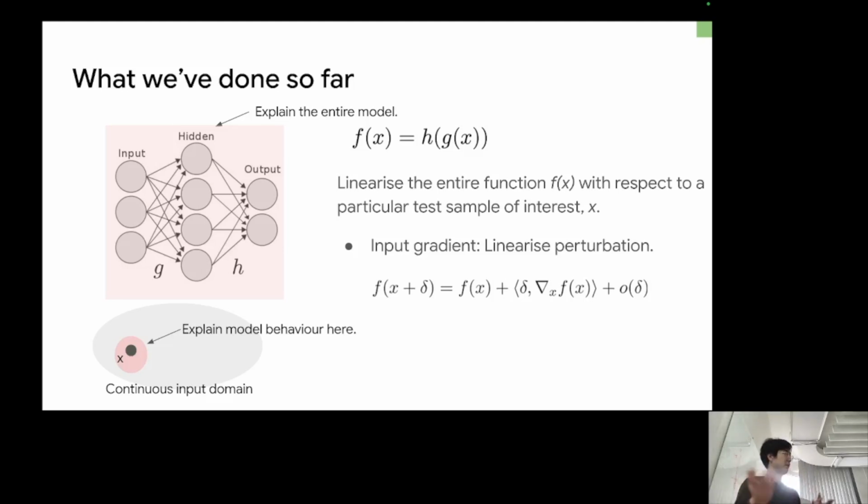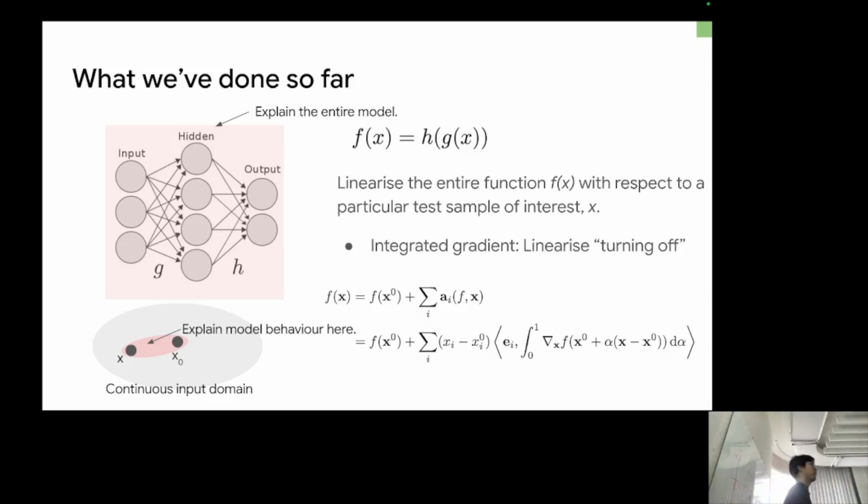So this is a perfect linear function, and we understand what a linear function is doing. It's an interpretable function. So in a way, we are locally approximating the function in the vicinity of the test point of interest.